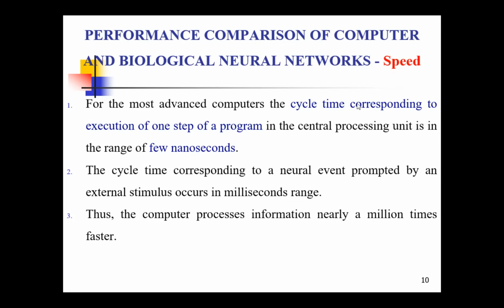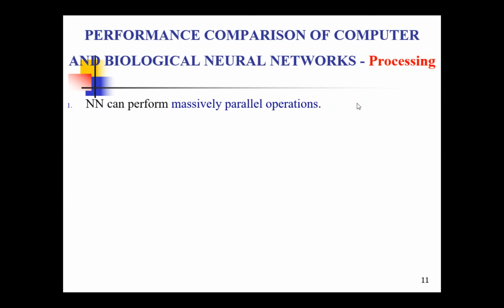So compared to the human brain, computers process things faster. In processing, the biological neural network can perform massively parallel operations. It performs more than one task simultaneously.